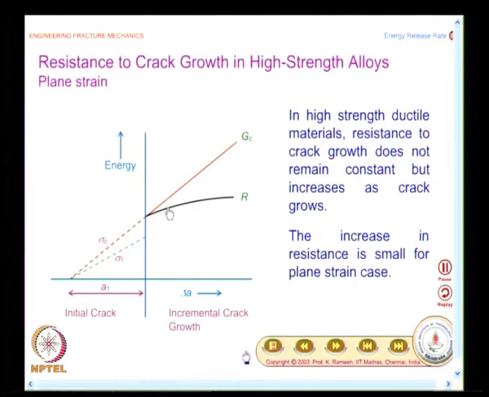Here again, when does fracture instability occur? When G becomes R, that is dictated by the stress level that you are imposing on the structure. When it is sigma 1, fracture instability does not occur. Only when sigma 1 reaches sigma c, fracture instability occurs. So, you have the condition G equal to R satisfied.